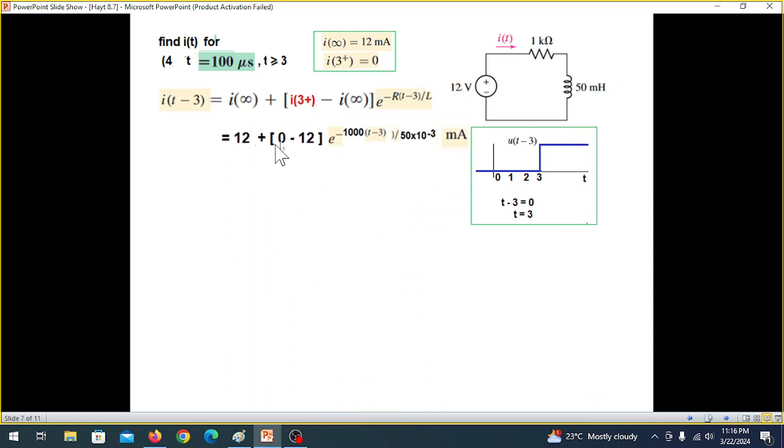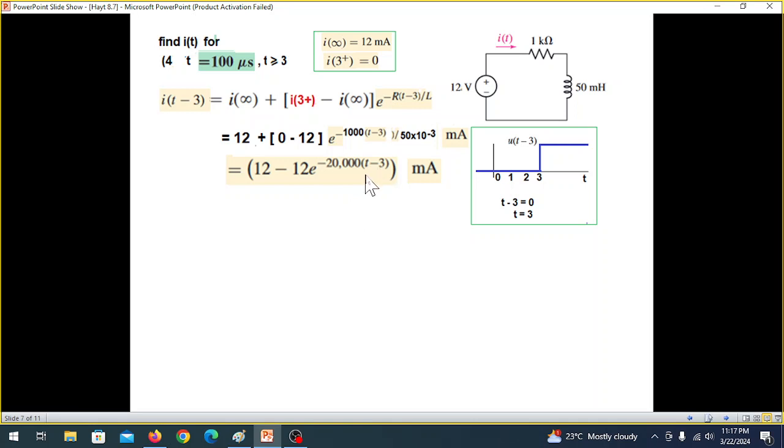So this is 12, i(3 plus) is 0, 12, e raised to the power, now this is 1 kilo, that means 1000, e raised to the power minus 3 divided by L, so 5 into 10 raised to the power minus 3, and the unit will be milliampere because this current i(infinity) is in milliampere. Okay, and solving, we get this to be 20,000 e to the power of minus 3.